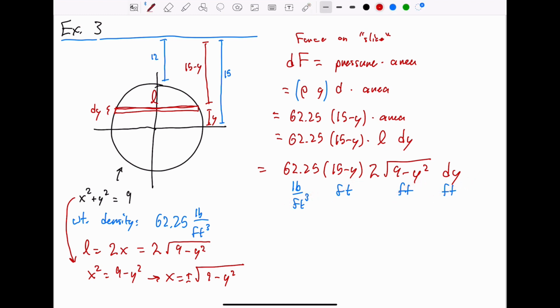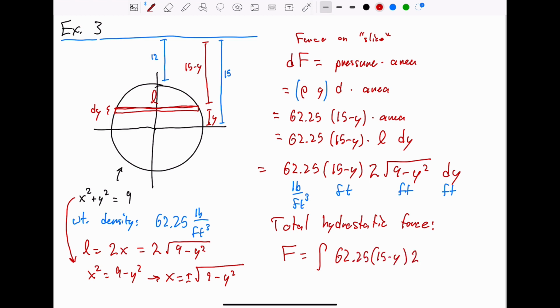So the final answer here, the total amount of force, is the integral. We integrate 62.25 times 15 minus y times 2 times the square root of 9 minus y squared dy.